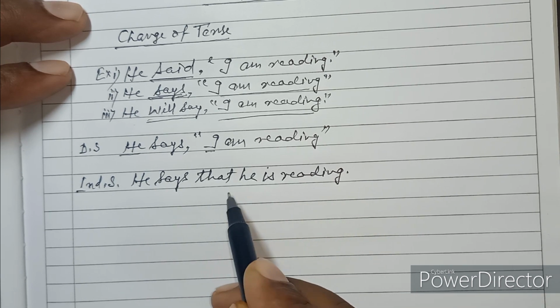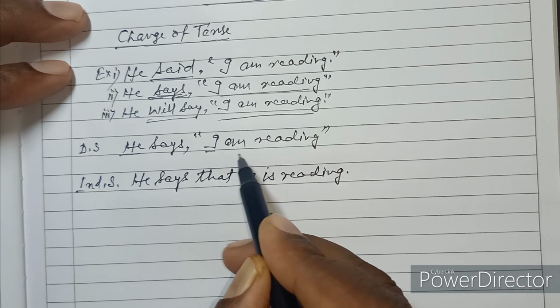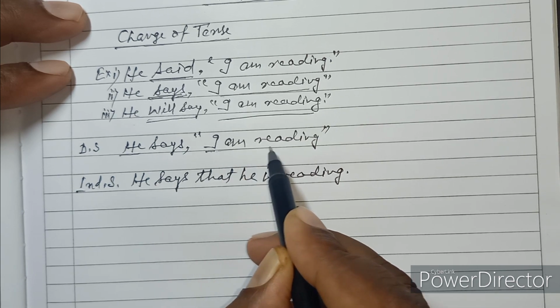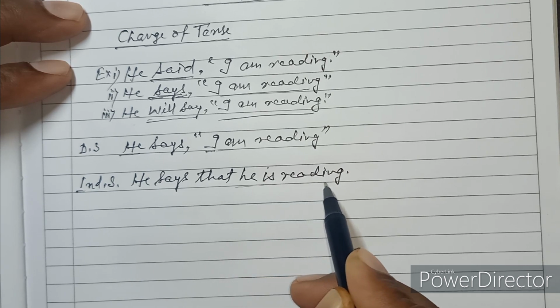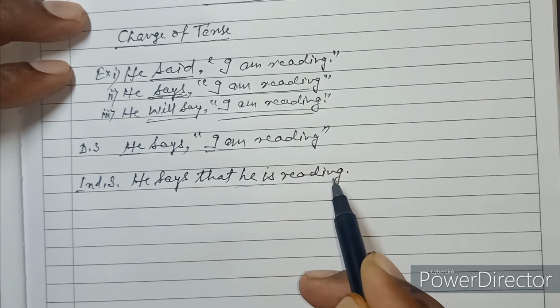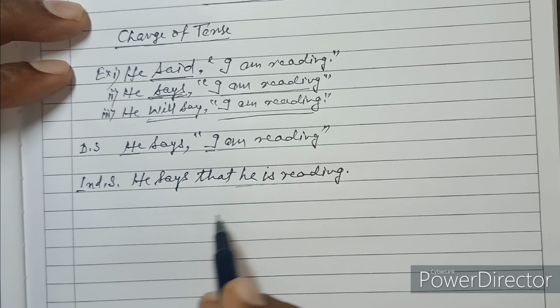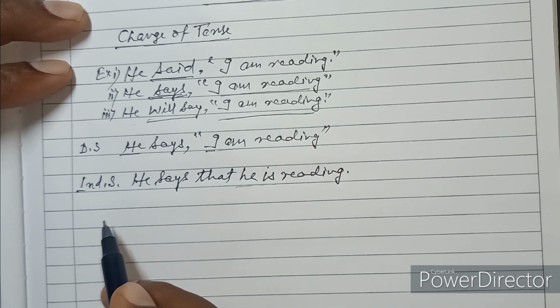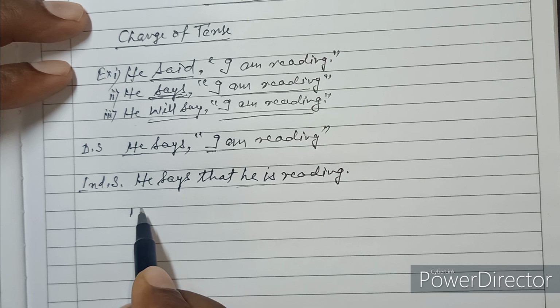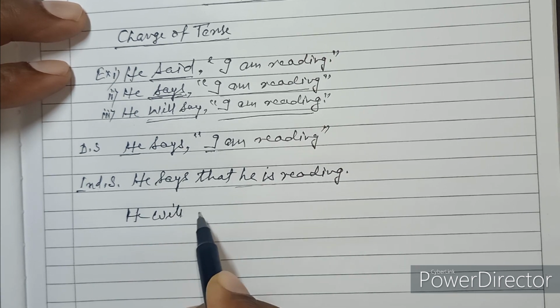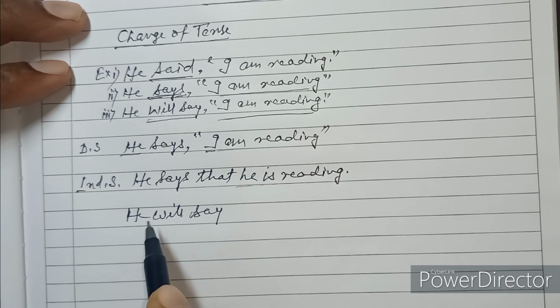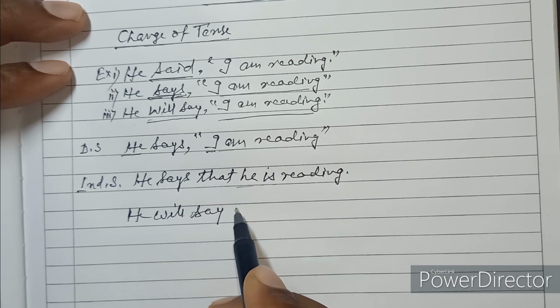Students, you can see that there is no change in the tense. Here it is present continuous tense, and here we also find present continuous tense. Only subject has changed. Okay? In the next example, he will say, I am reading. To remove comma, we use that.